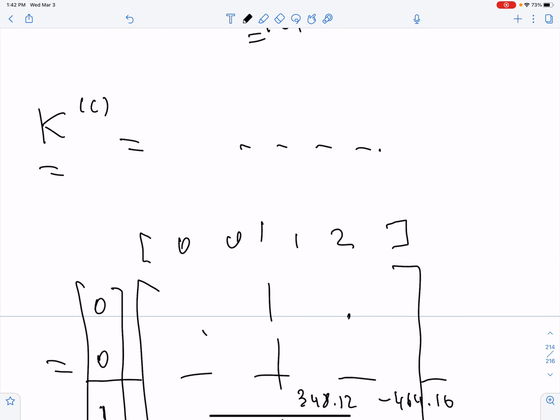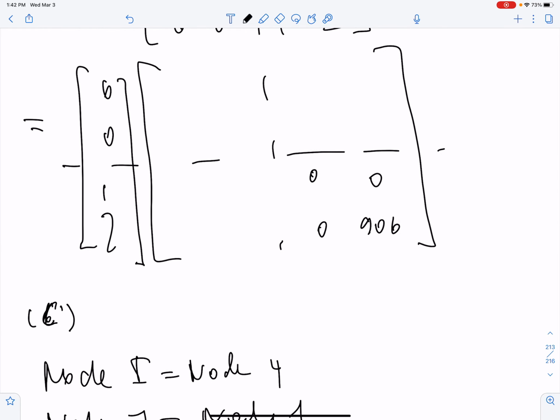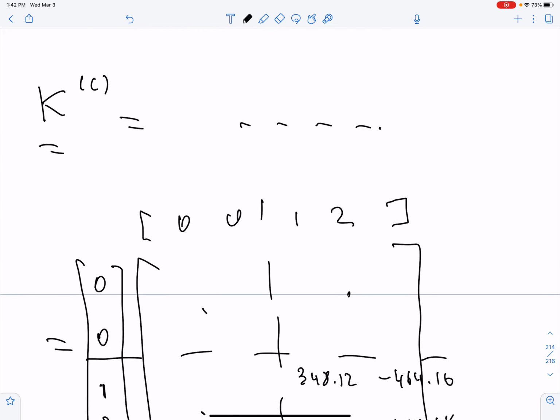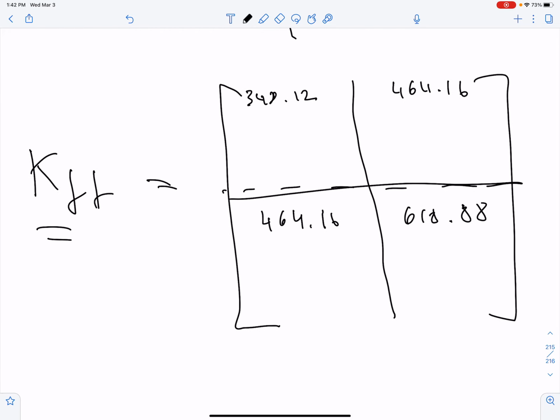Right, from the second one, this is 0, this is 0, this is 0. Only K22 entry will be added to 906, right? So 0, 0, 0, plus 906, okay?